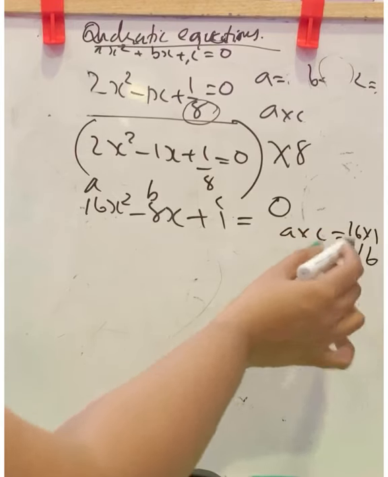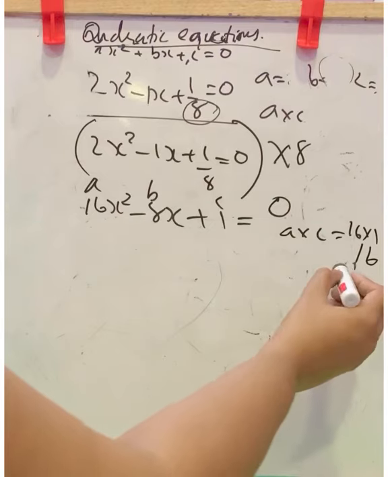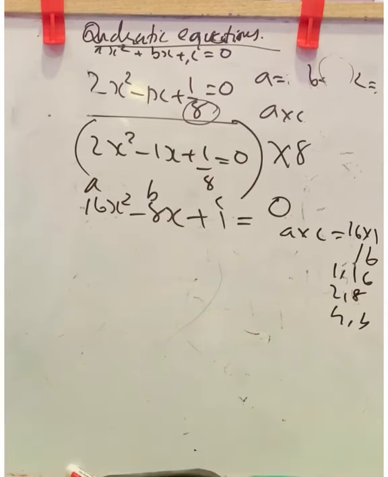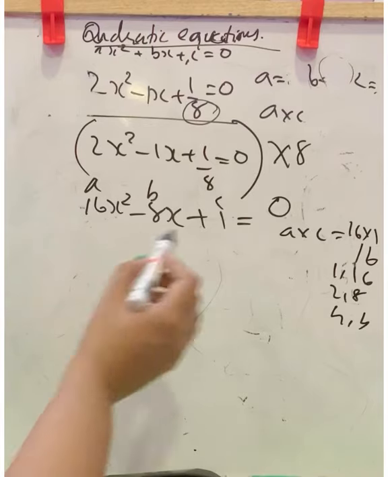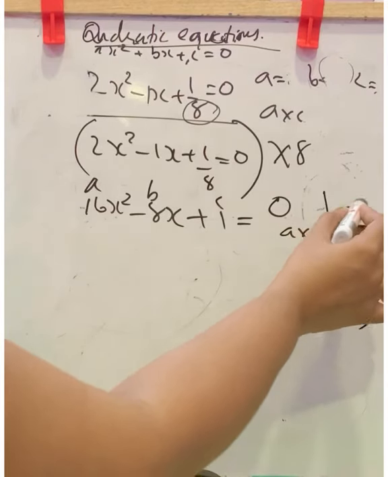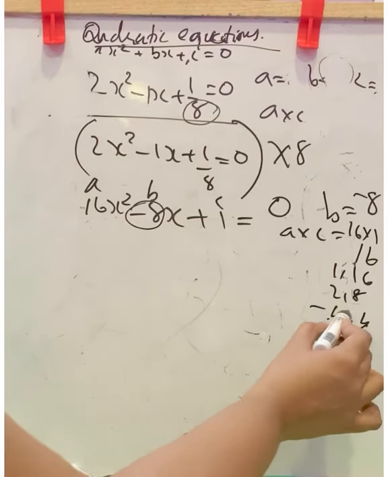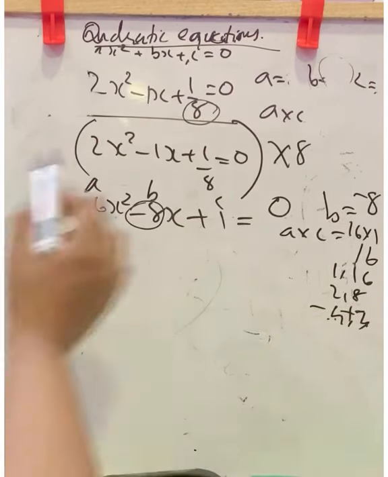That is 16. Now factors of 16 are 1 comma 16, 2 into 8, 4 into 4. These are the factors. Now check which is matching with this B. B is negative 8 here. 4 and 4, that is negative 4 plus negative 4, you will get negative 8.